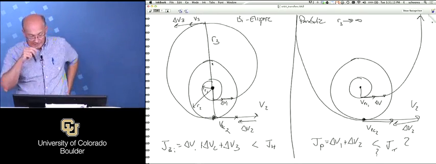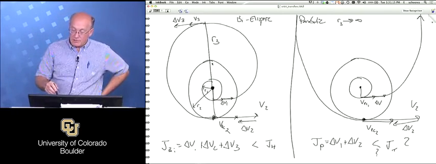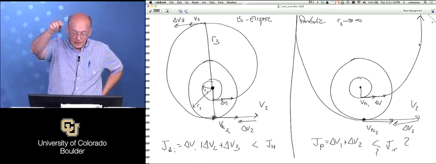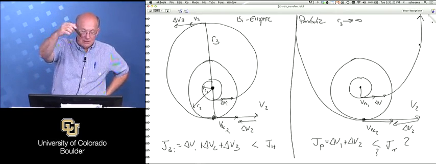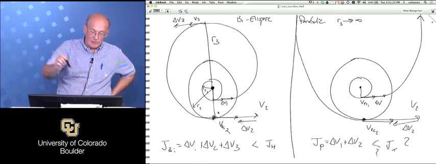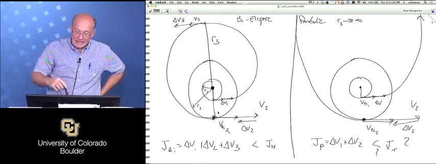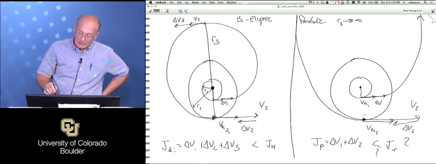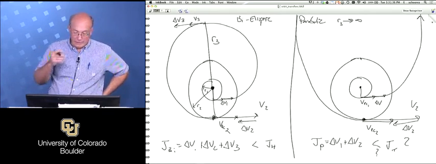And sort of a limiting case of that is the parabolic transfer, where we actually just boost to escape. When we get far enough away, the cost is essentially zero to do this periapsis raise maneuver. And then we come back on another parabola, and then we're going faster than local circular, so we slow down, and then we get transferred into the second orbit.